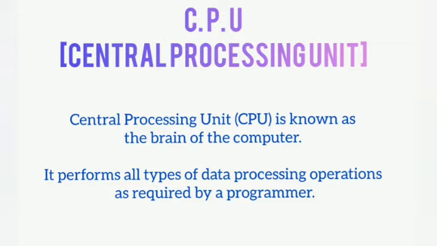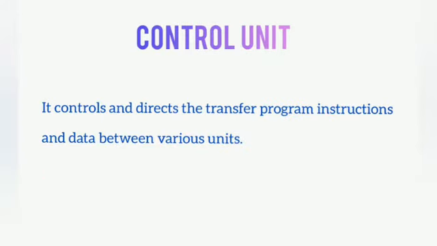The function of the CPU is to interpret the instructions in the program and execute them one by one. It consists of two major units: the first one is the control unit, and the second is the ALU. The full form of ALU is Arithmetic and Logic Unit.